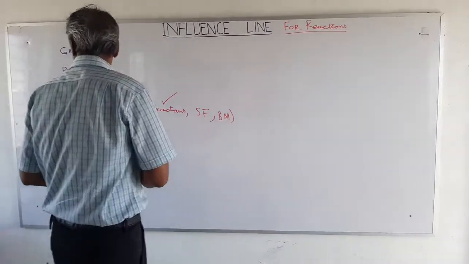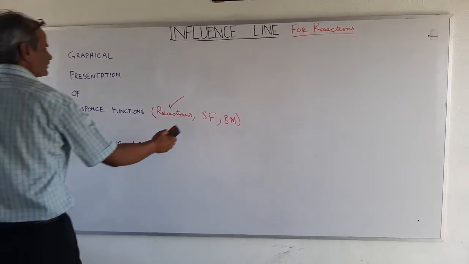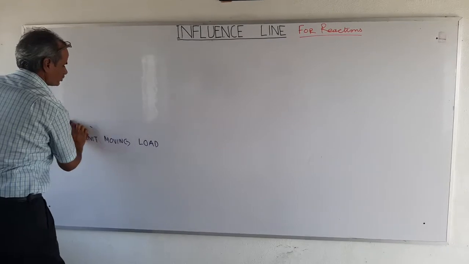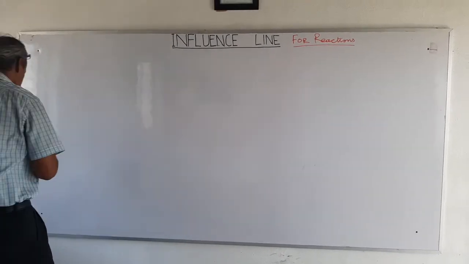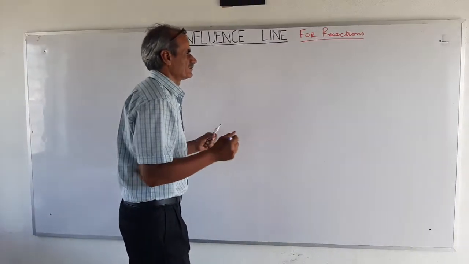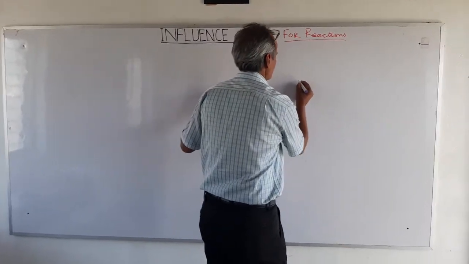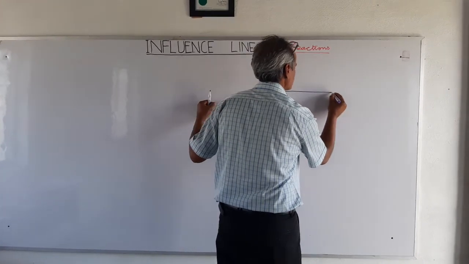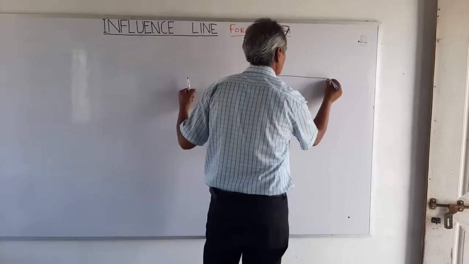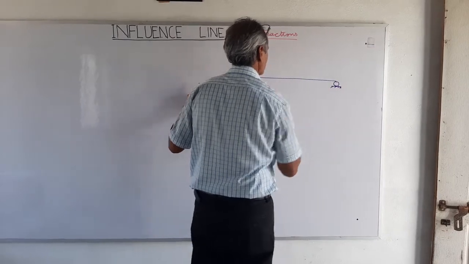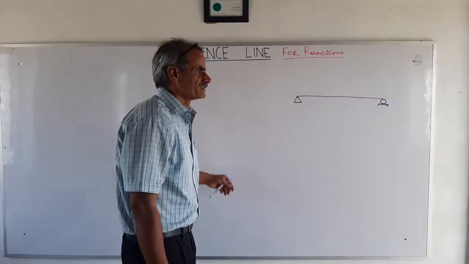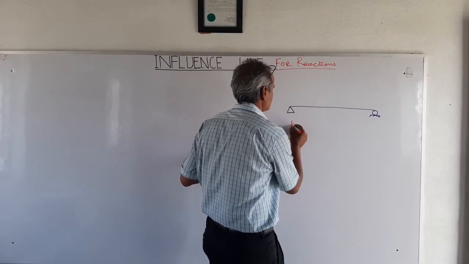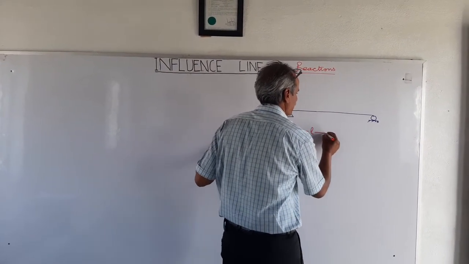And in this, we take on first of all the most simple case, well known to you, that is a beam with simple supports. Let's suppose that this is a simply supported beam with span L.